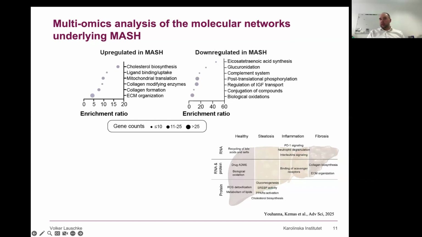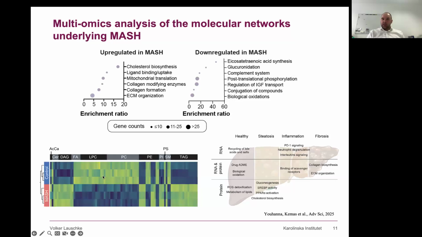Whereas downregulated were conventional or classical hepatic functions: glucuronidation, the complement system, and biological oxidation, which also includes cytochrome P450s, and so on. This indicates some partial loss of hepatic or hepatocellular functionality, which has also been described in more fibrotic livers.